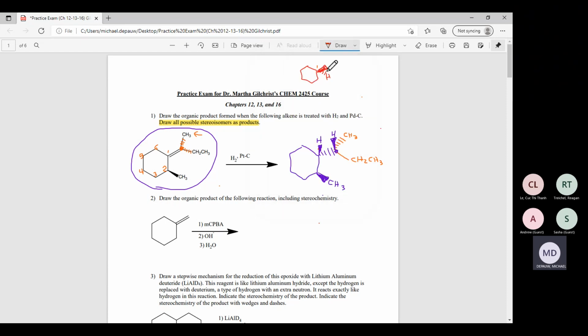So then the carbon group is the one that's wedged up. But then I also have another, because the hydrogens came from the bottom, that means this CH3 group, which was pushed down before, is actually popped up here. And then you have the CH2CH3 coming out here.